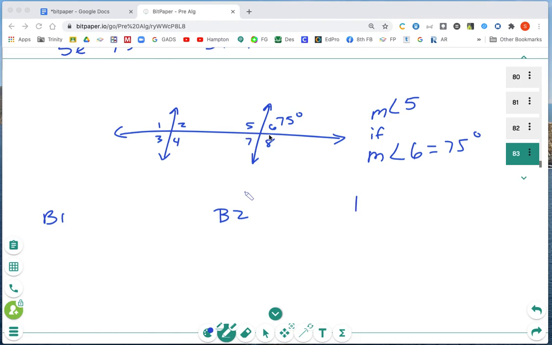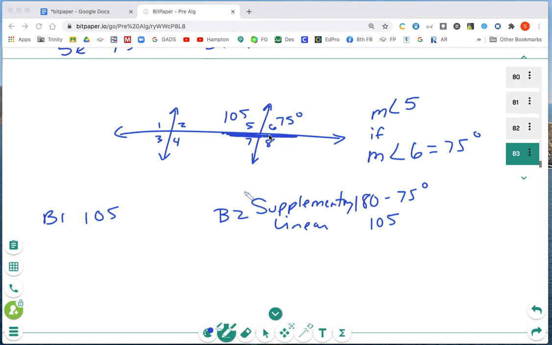So we would do 180 minus 75 degrees and get 105 for angle 5. These both are supplementary. They're linear because one of the rays of each angle makes a straight line. So supplementary, linear. And now you've reviewed for your quiz.